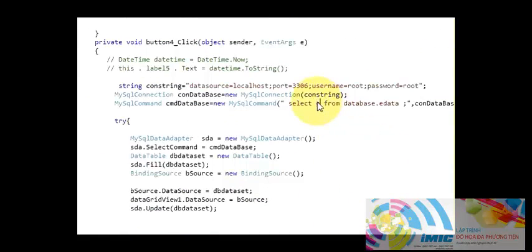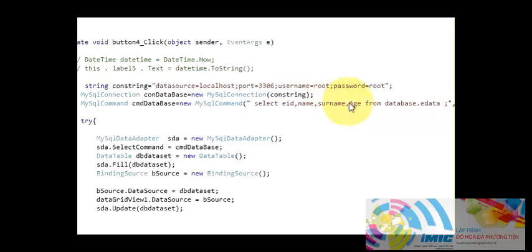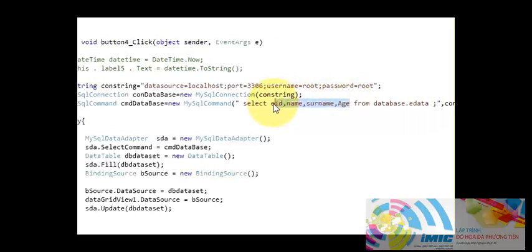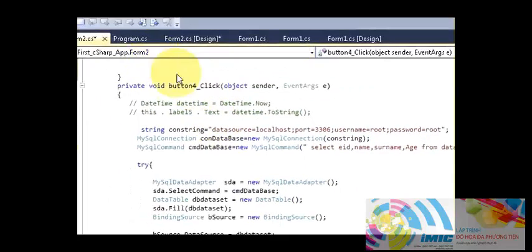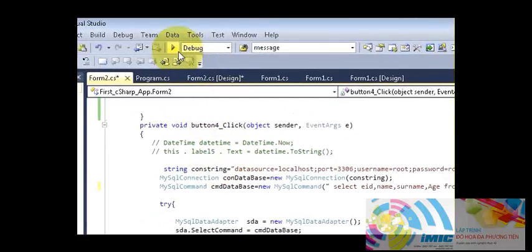Select EID, comma, name, comma, surname and comma, age. So I will show these 4 values instead of all the values, and all the column values from these 4 columns should go into the Excel file.